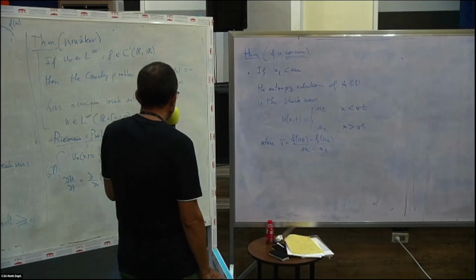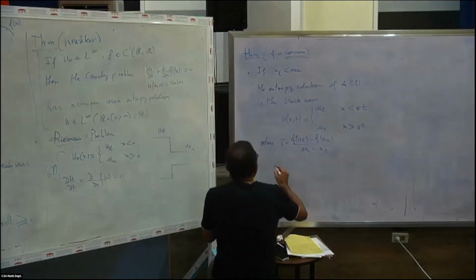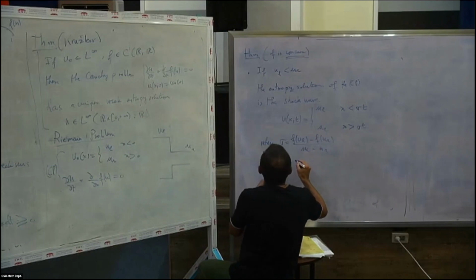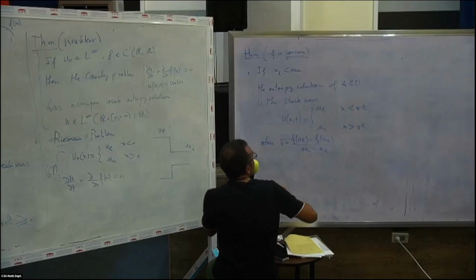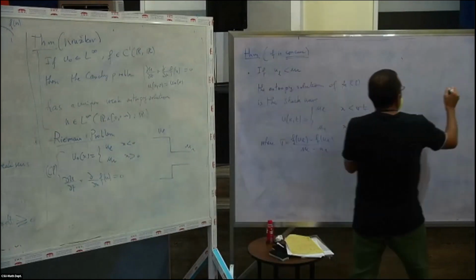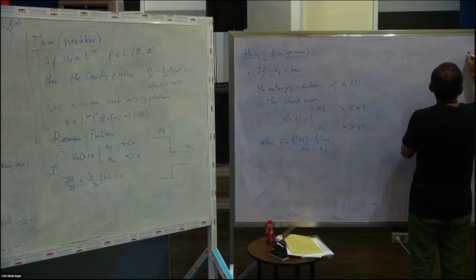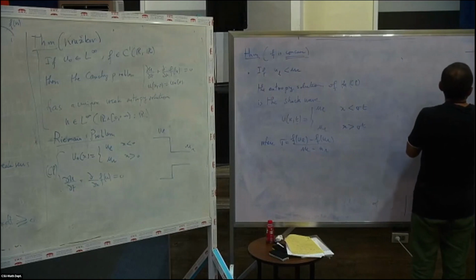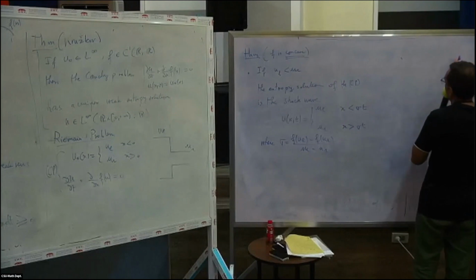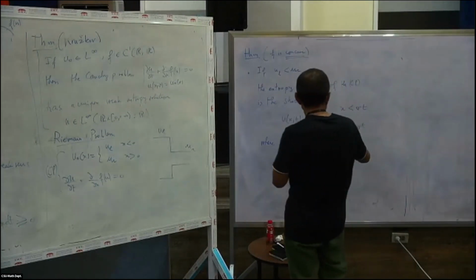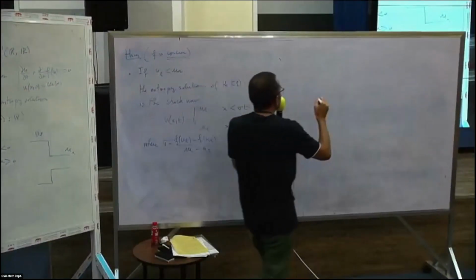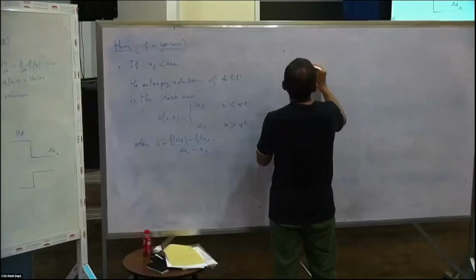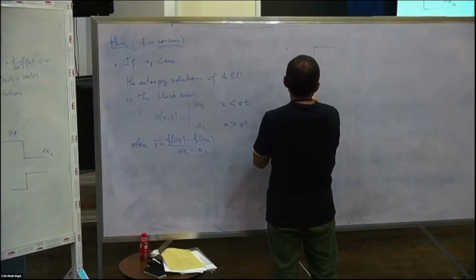Only this. So in this case, this is the initial condition, with UL less than UR, and after you will get this.